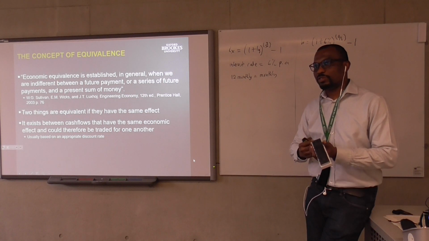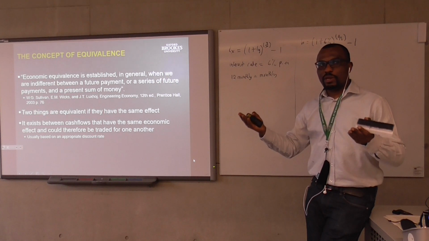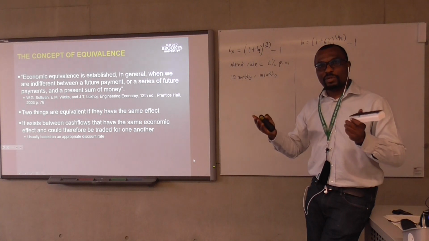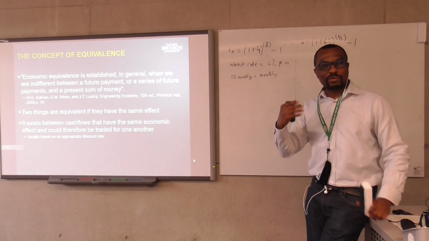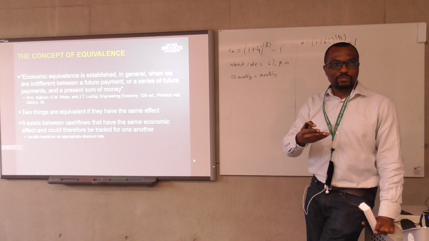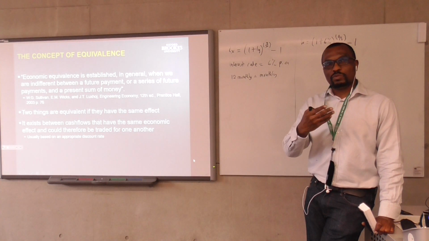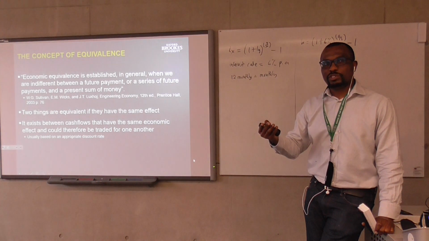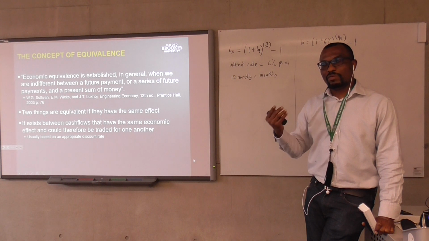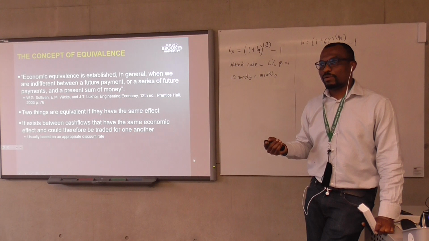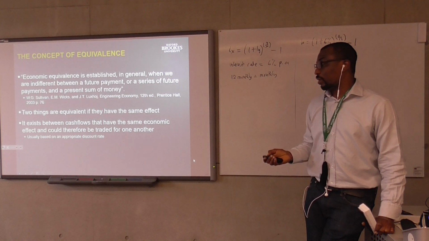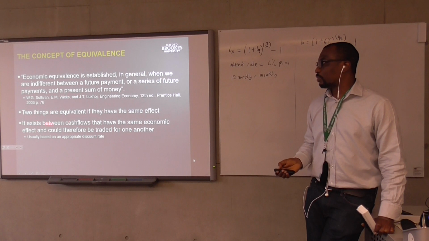What you are trying to do is, you have 2 or 3 different projects you need to evaluate, right? There are various parameters you can evaluate them on. You can evaluate them based on quality. For instance, if you have 2 lift installations, you can evaluate them based on their energy efficiency. You could also evaluate them based on their life cycle. But typically, we tend to evaluate them based on economic equivalence. We focus more on the cost, right?